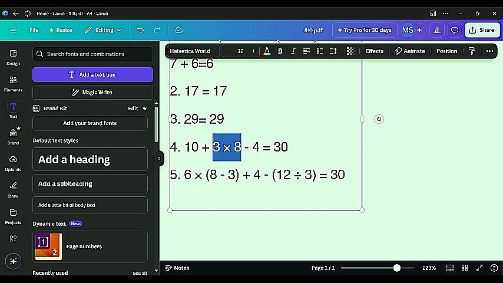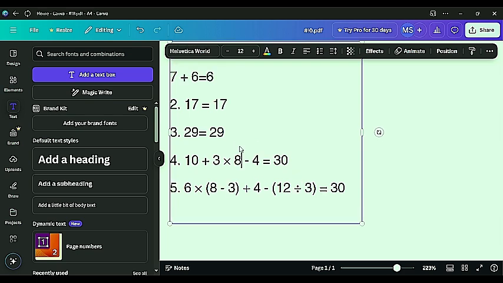Okay, let us do the multiplication in the calculator. 3 multiplied by 8 is equal to 24. Plus 10, 34. Okay. 34 minus 4 gives us 30. Correct answer.